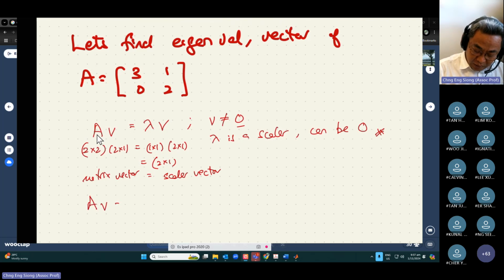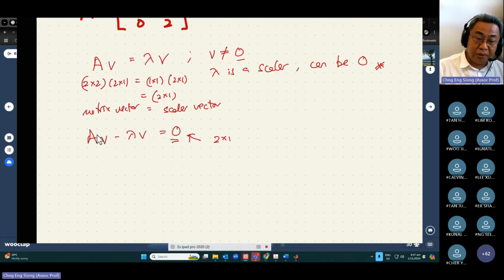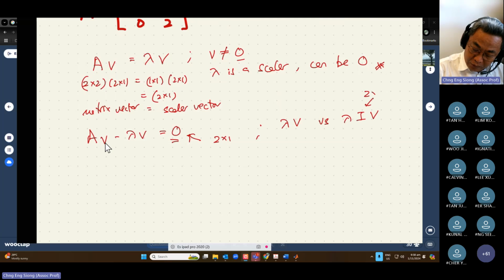Still this is a 2 by 1 vector, and you say I cannot collapse these two, right? I cannot combine A and lambda together. There's a V sticking there. So what is lambda V versus lambda I V? I is the 2 by 2. So let's see.